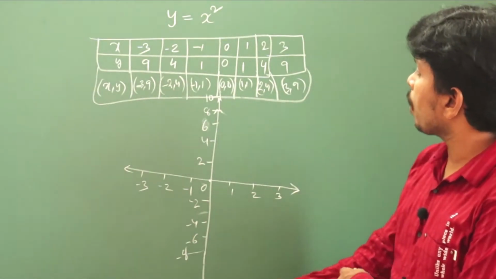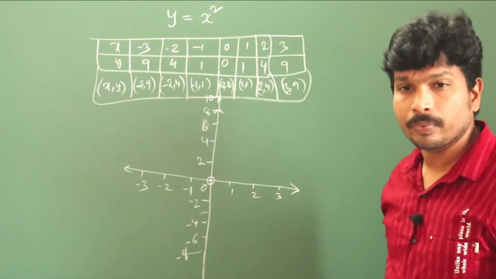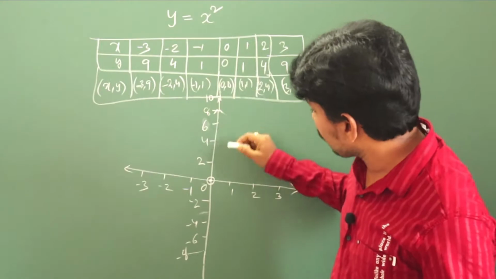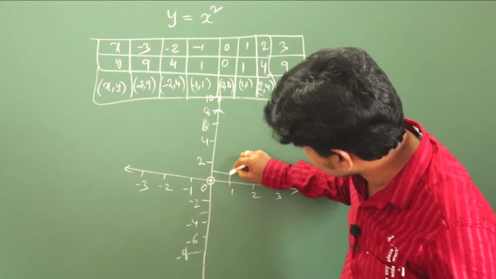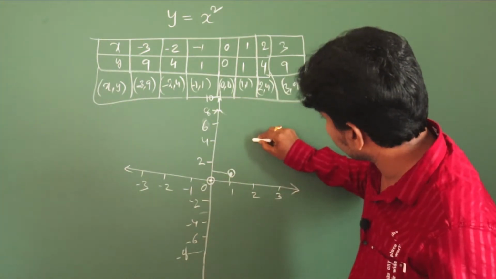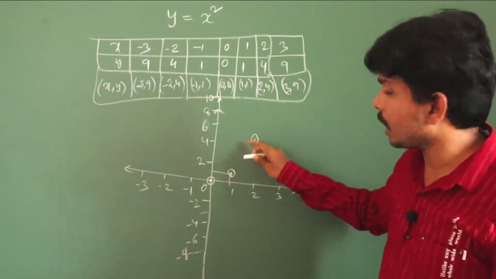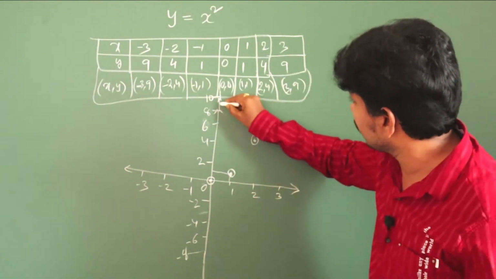Now plot these points on the graph. 0 comma 0. See, this is 0 comma 0. And 1 comma 1. Here this is 1, x coordinate 1. This is 1 comma 1. This is 2 comma 4. And this is 3 comma 9. See, this is 9.